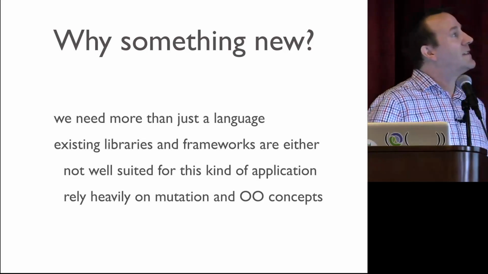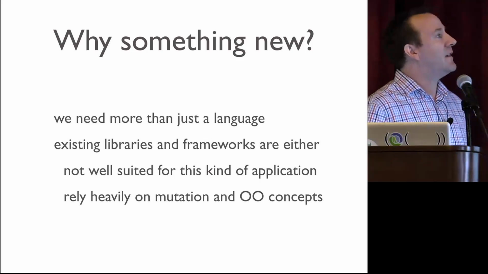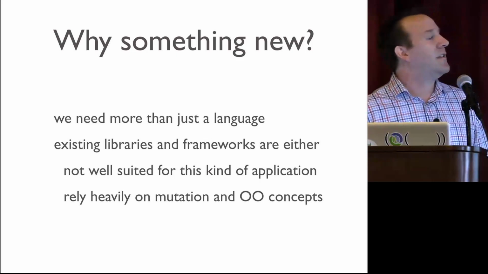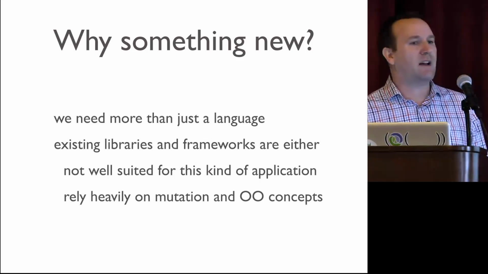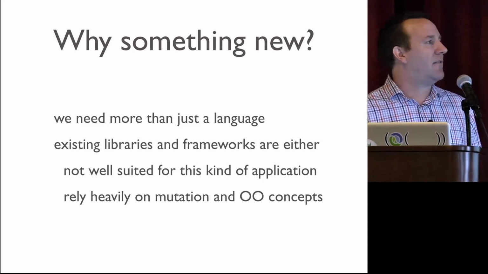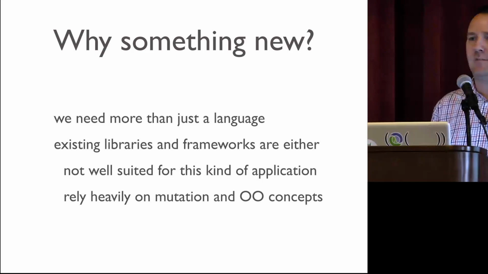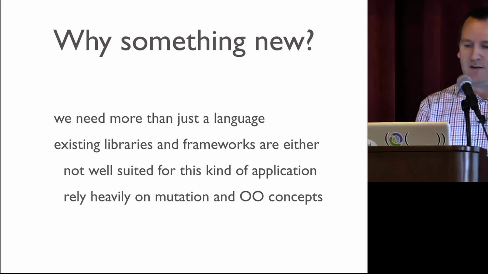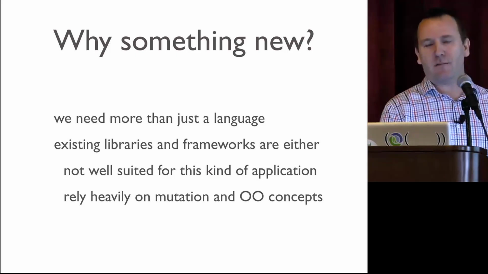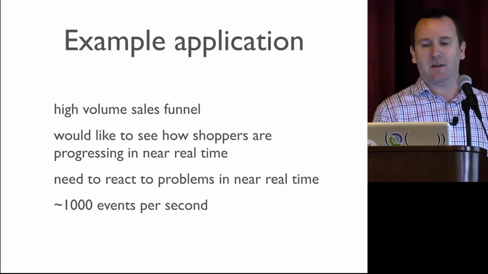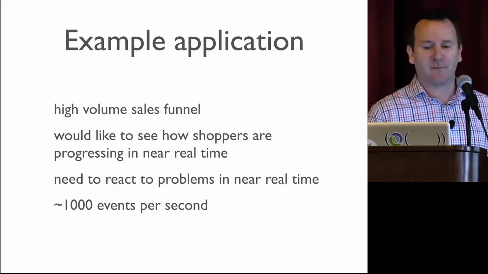Also, there are a lot of existing libraries that we could use, but I think that from our standpoint, they either aren't well suited for building this kind of application, or they rely heavily on mutation, and they have a lot of object-oriented concepts, which I think unnecessarily complicate things. So we want to build something that is more functional and will allow us to program in the way that we're used to in Clojure, even when we're in the browser and making large applications in the browser.